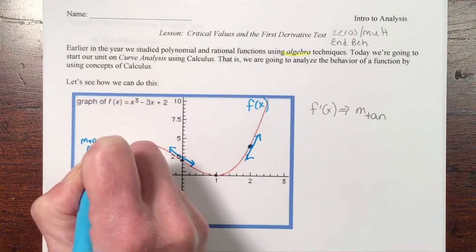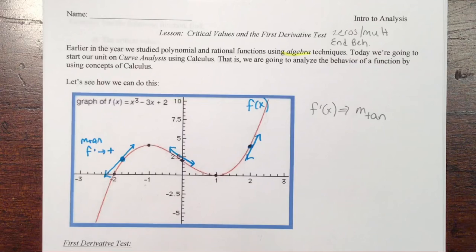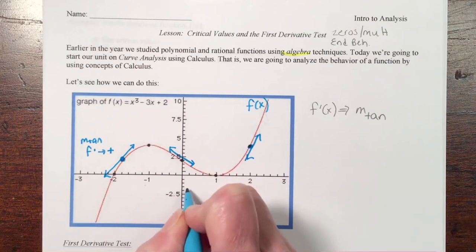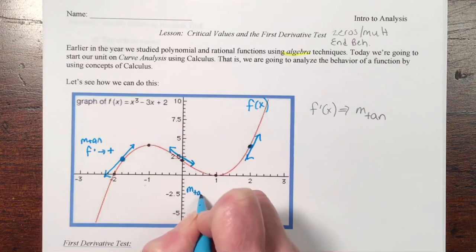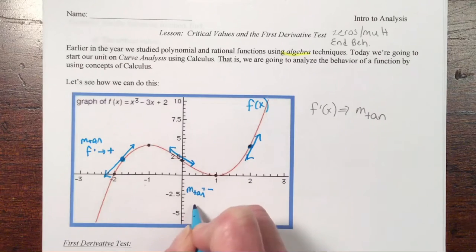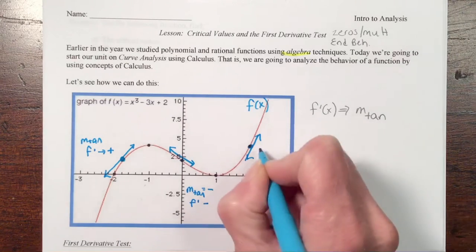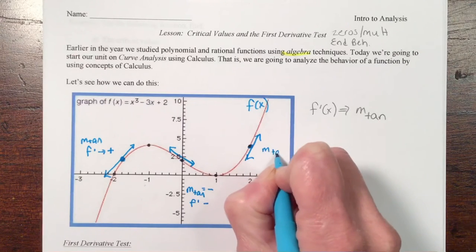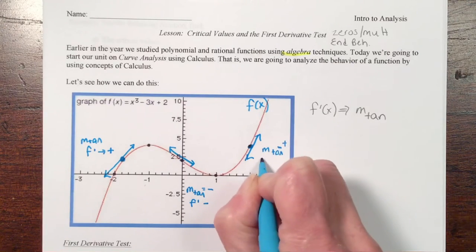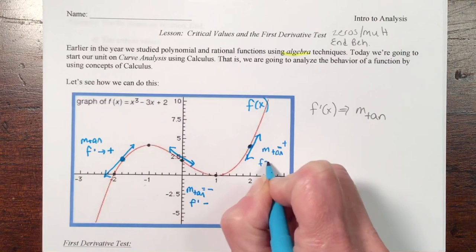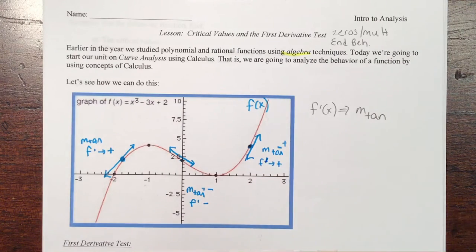In other words, the derivative is positive. In this section, the slope of our tangent line is negative, or the derivative is negative. And the slope of the tangent line is positive, or the derivative is positive.